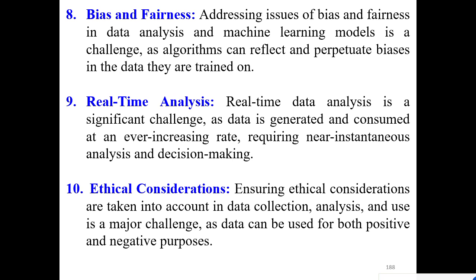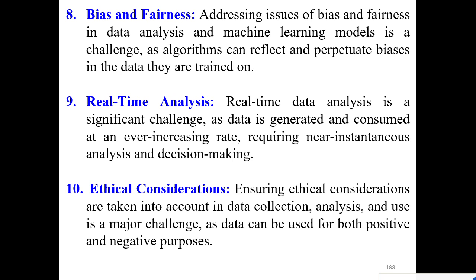Real time analysis is a significant challenge in order to perform streaming data like stock market data, traffic data, and audio video data, which is generated and consumed at an ever increasing rate, requiring near instantaneous analysis and decision making. Real time analysis is one of the great challenges of data science.